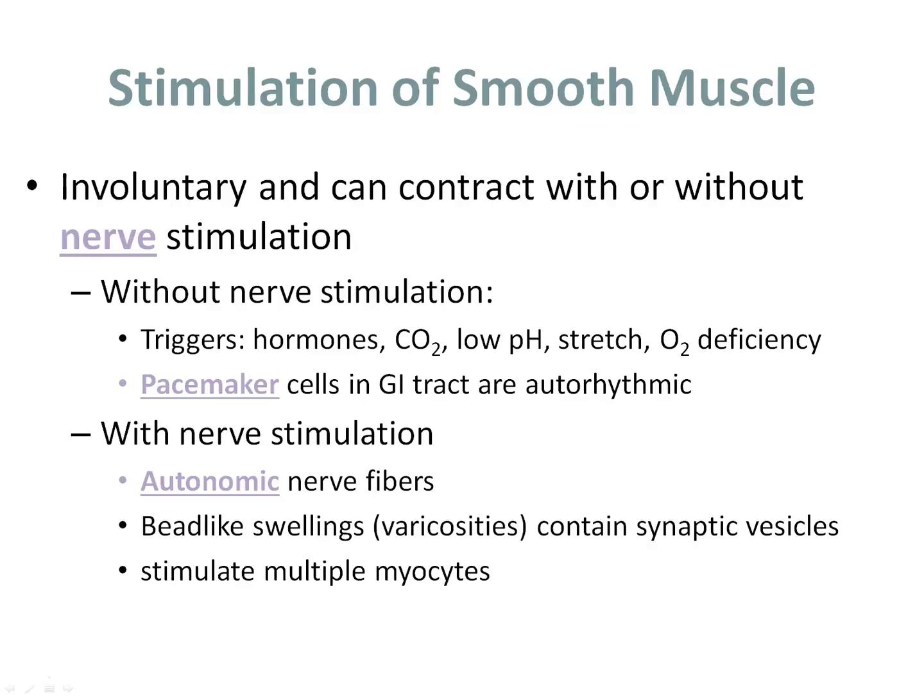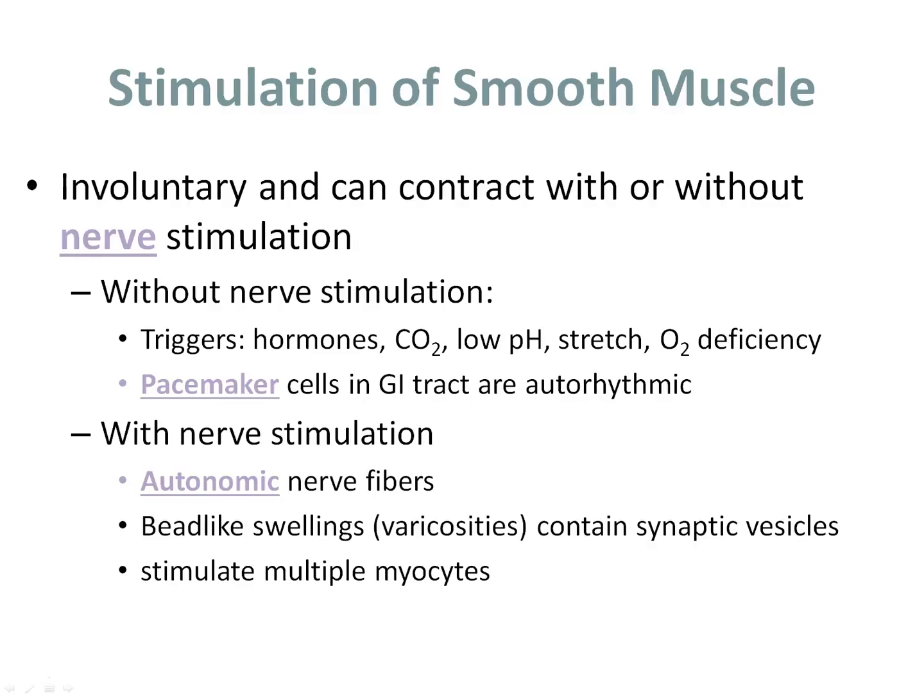Some hormones will trigger smooth muscle to contract. Carbon dioxide can trigger smooth muscle to contract. A low pH or acidity, stretch of the smooth muscle cells, or oxygen deficiency can all trigger contraction of smooth muscle.